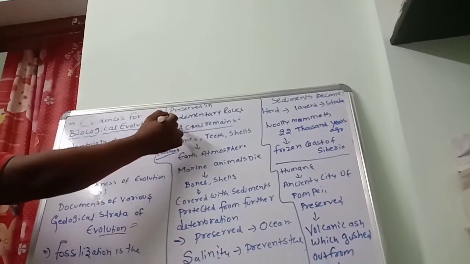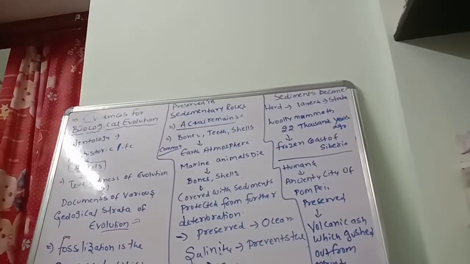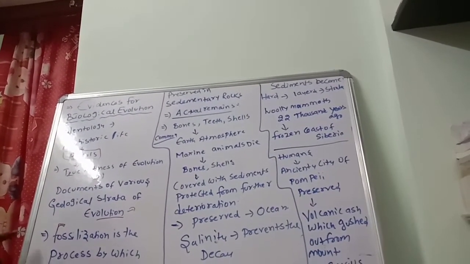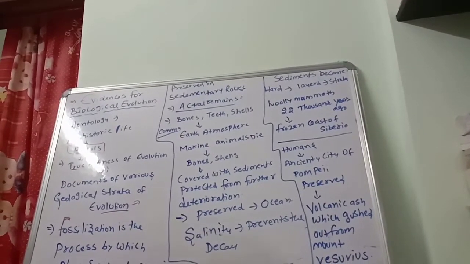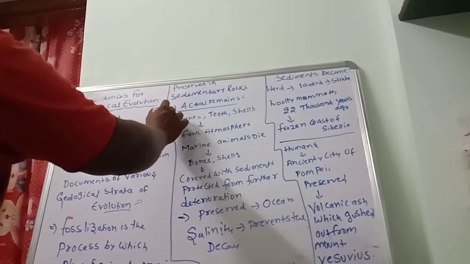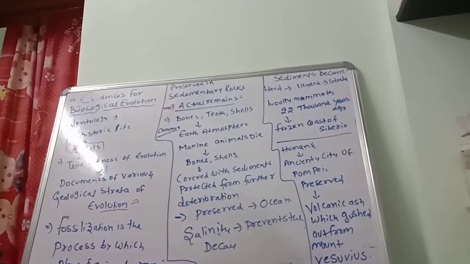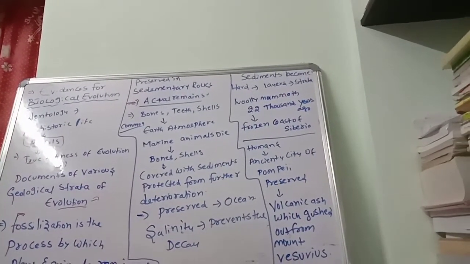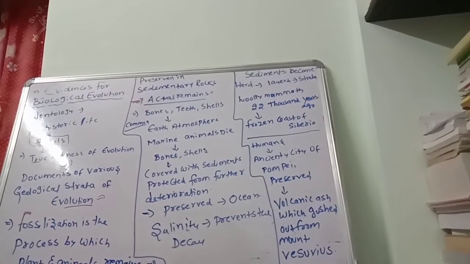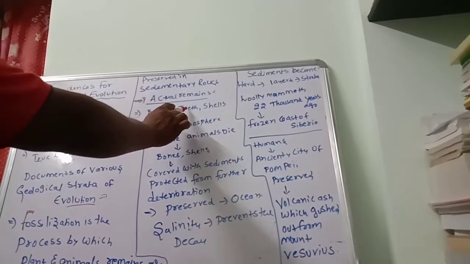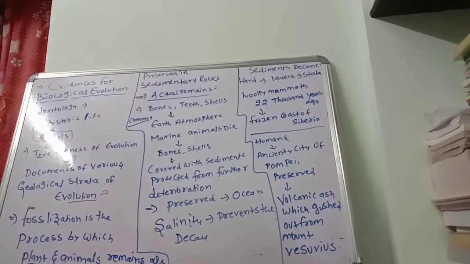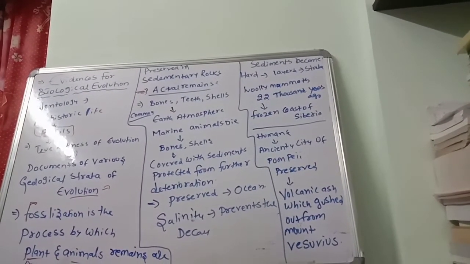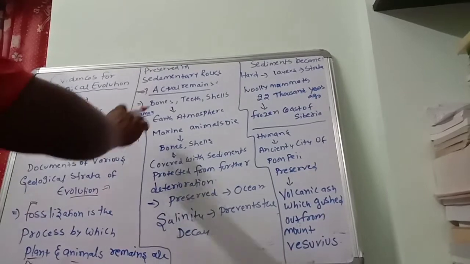Actual remains are whatever is left after the dead body: the bones, the teeth, the shells. These are all present in the earth's atmosphere, so these are called actual remains.